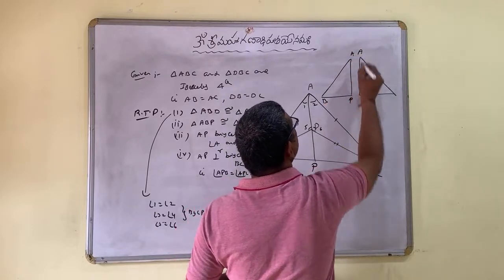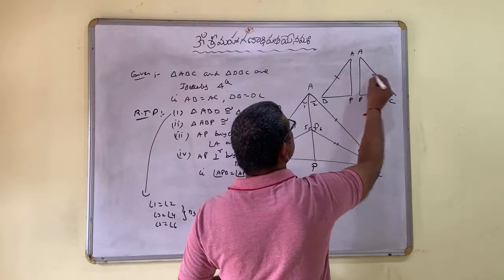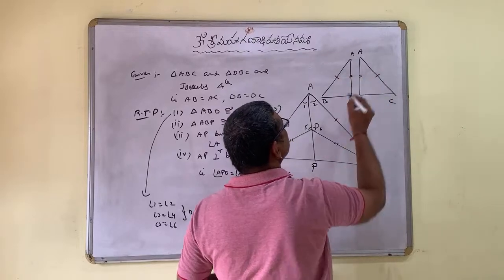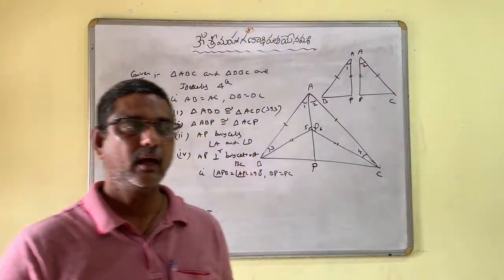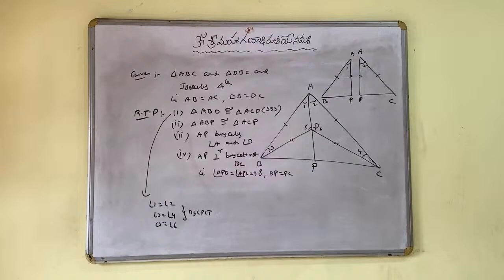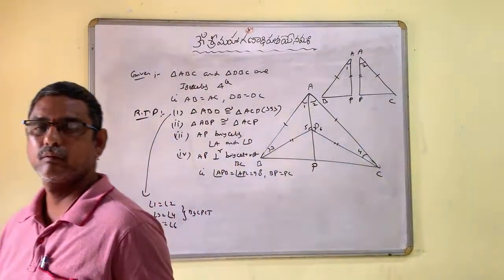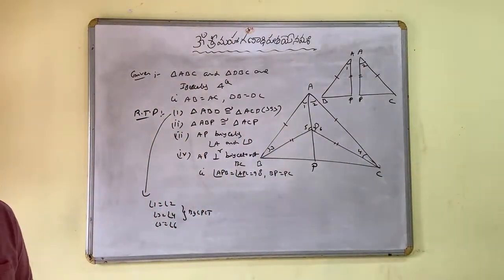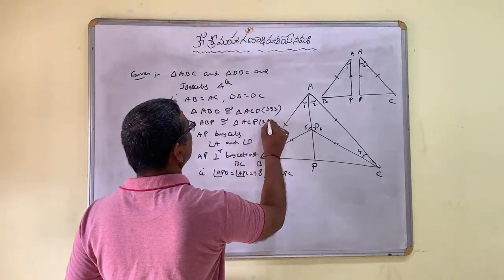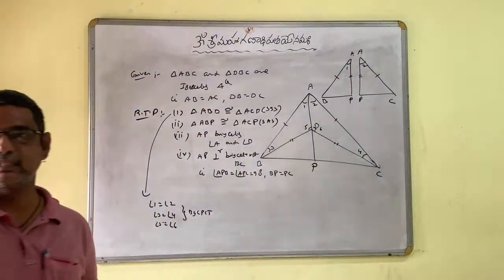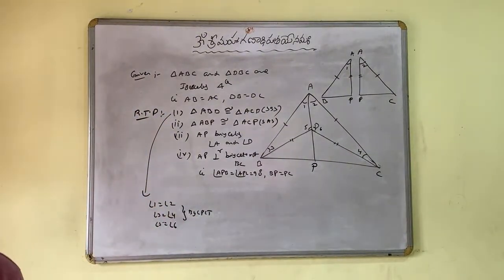You can draw the triangles APB, APC. These two sides are equal. This is the common side. And angle 1 is equal to angle 2.